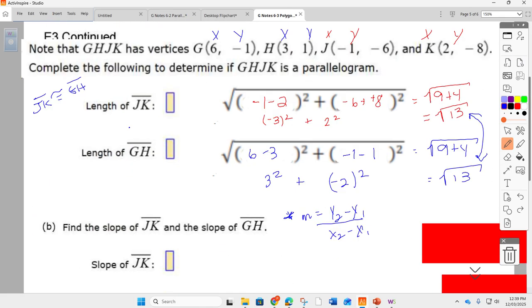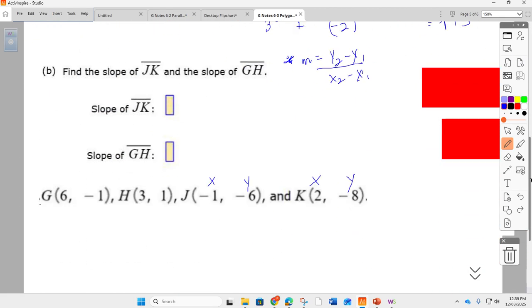Okay, so the slope of JK. I'm going to say the slope of this first one, step 1, y minus y, negative 6 minus negative 8 on top. Negative 6 minus negative 8, oh, that's a plus. And then x minus x, negative 1 minus 2.